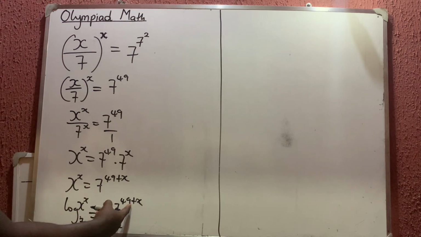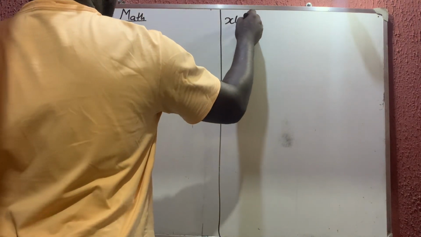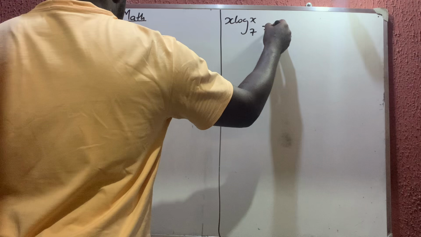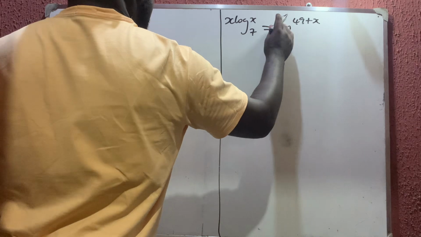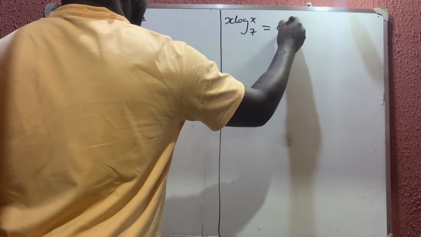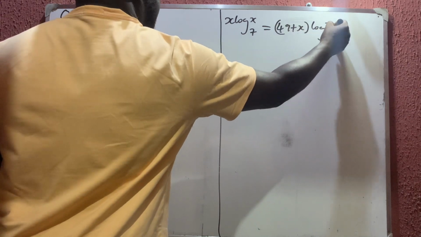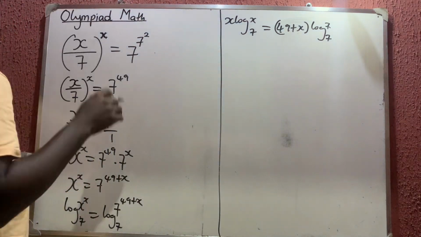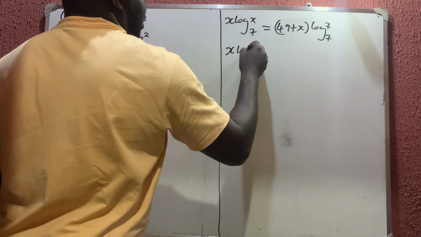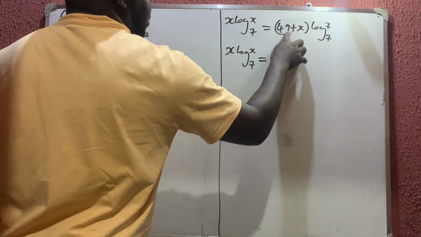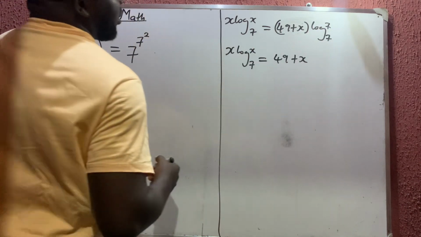According to the law of logarithm, the powers can go to the front. We have x log x base 7 is equal to 49 plus x multiplied by log 7 base 7. Don't forget that if the log and the base are the same, the answer is 1. So I have x log x base 7 is equal to 49 plus x.